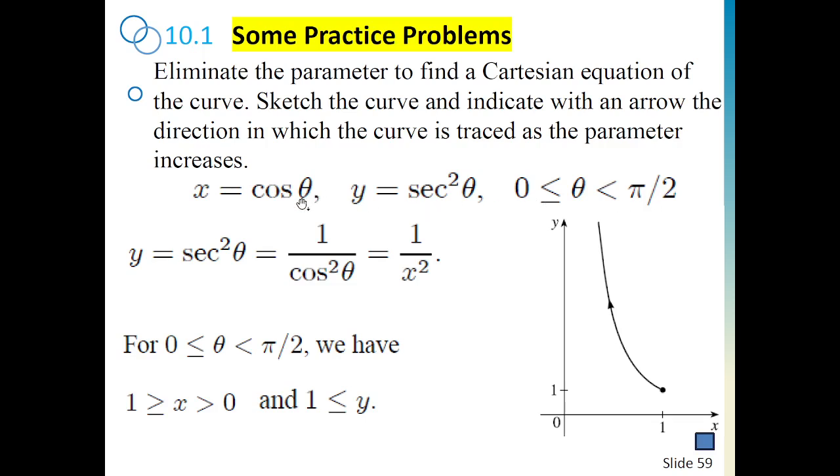So the starting point is at 0, so cosine 0 is 1, and here we have also 1, so we will have starting point here. And as we move to pi over 2, x is going towards 0, but y is exploding. So we are going this way on the branch.